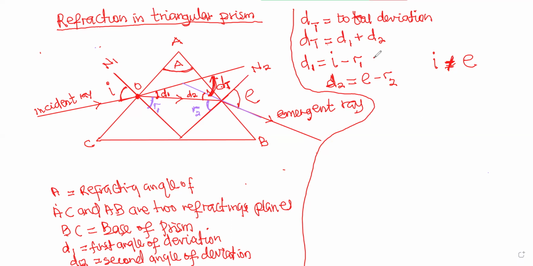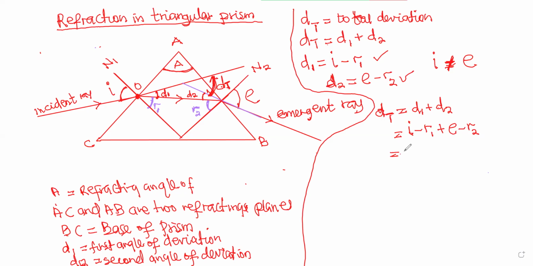So we have an expression for D1, we have an expression for D2. Let's substitute them into the total deviation formula we had. We earlier said that D total is equal to D1 plus D2. So if we have the expression for D1, which is I minus R1, plus the expression for D2, which is also E minus R2, let's group them properly.